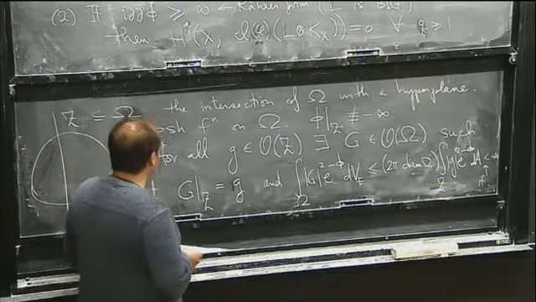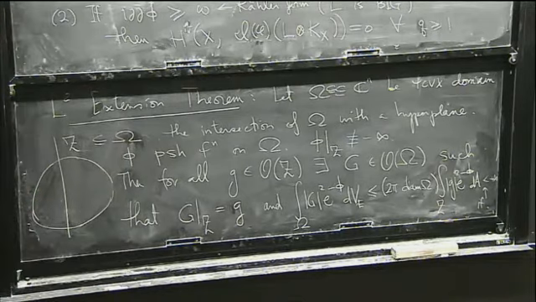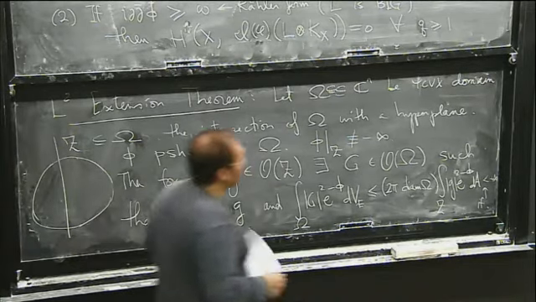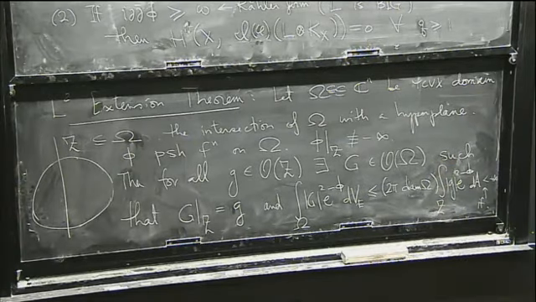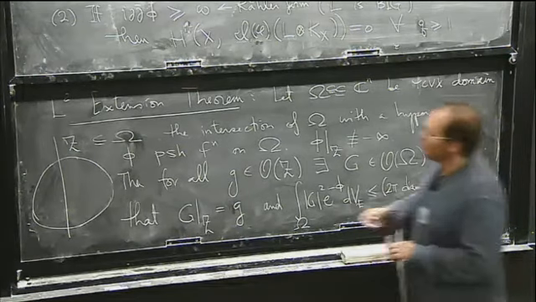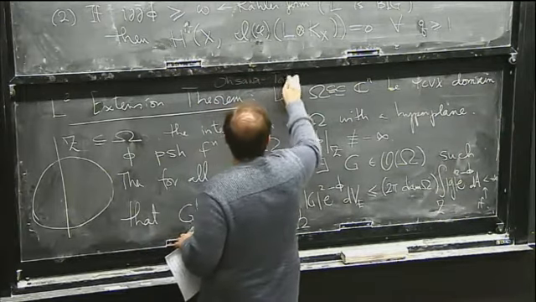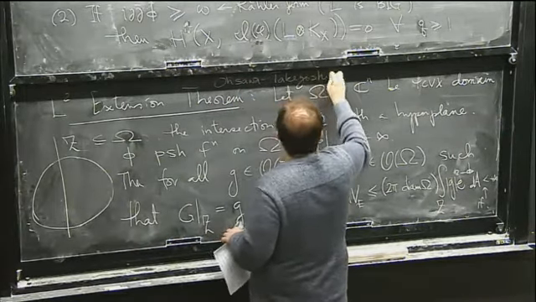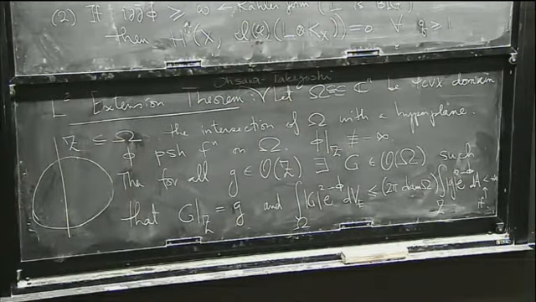But anyway, it looks like an innocent statement, but actually it's extremely difficult to prove, and people for a long time were not even sure it was going to be true. It was discovered by some accident. This theorem is due to Ohsawa and Takegoshi. That's what you hear, the Ohsawa-Takegoshi extension theorem. How was it discovered?